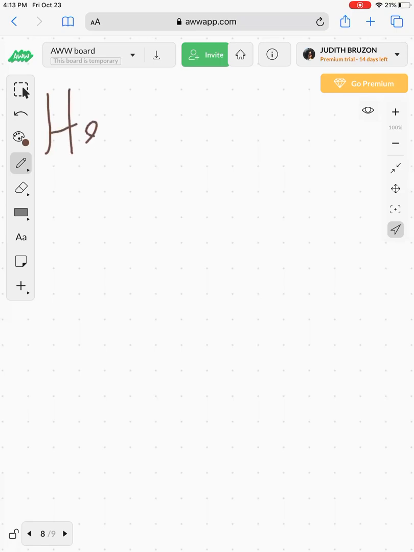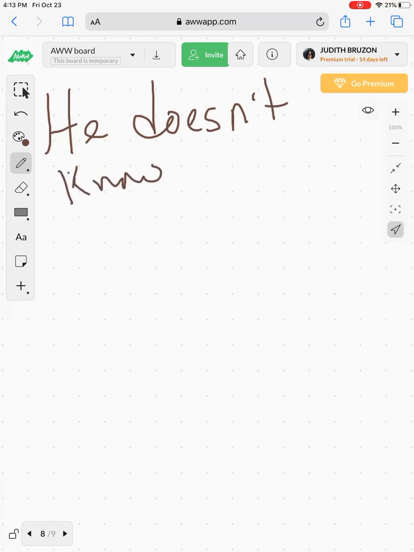Okay, so let's go ahead and take a look at your work. I'm going to write it here one more time, okay? So the negative statement, let's go ahead and read it together. He doesn't know how, right? That is a negative statement. It has the auxiliary does and the word not together. Okay, so how can I make this into a positive statement? Well, as we already said and talked about, he is a singular subject, right?